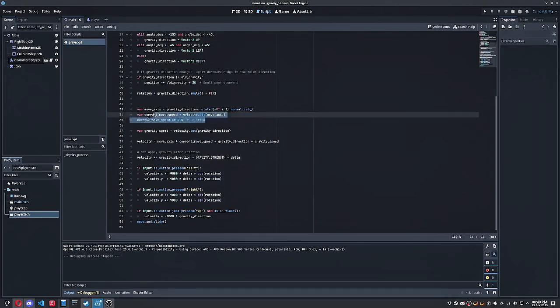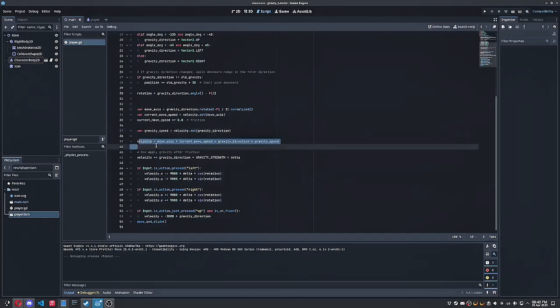Next, we are going to multiply our current move speed by 0.8, which is basically the same as multiplying our velocity by 0.8. And then our gravity speed is the same as move axis, but it's flipped, and it hasn't had friction applied to it. It's in the normal direction. It has not been added or rotated or anything.